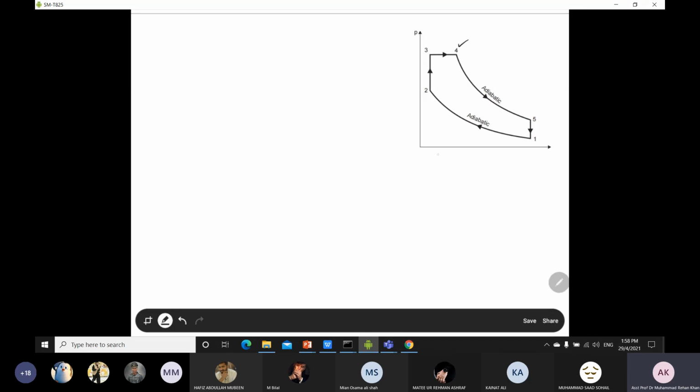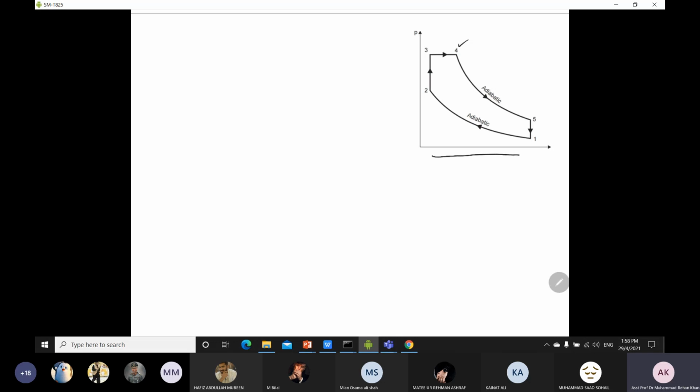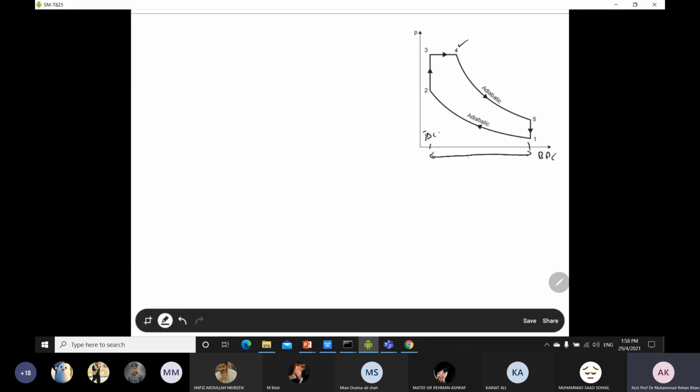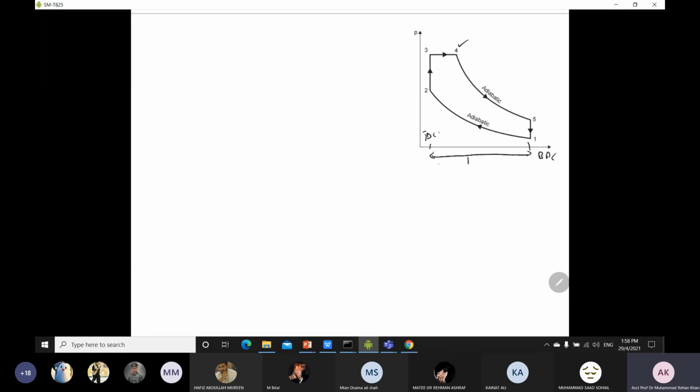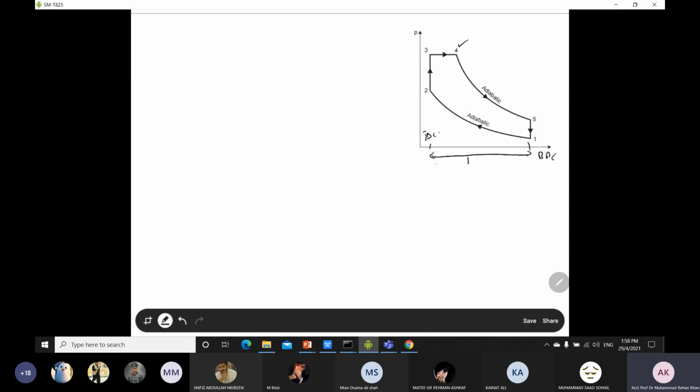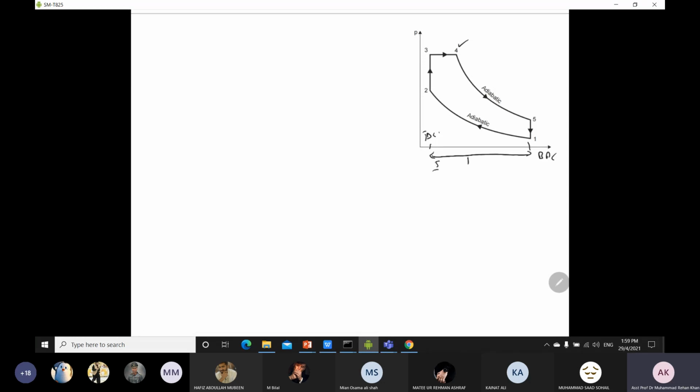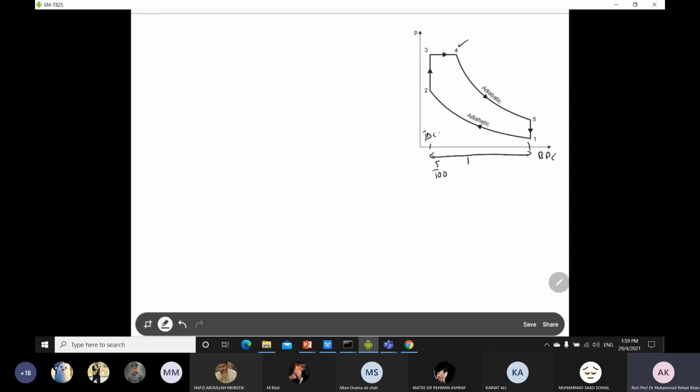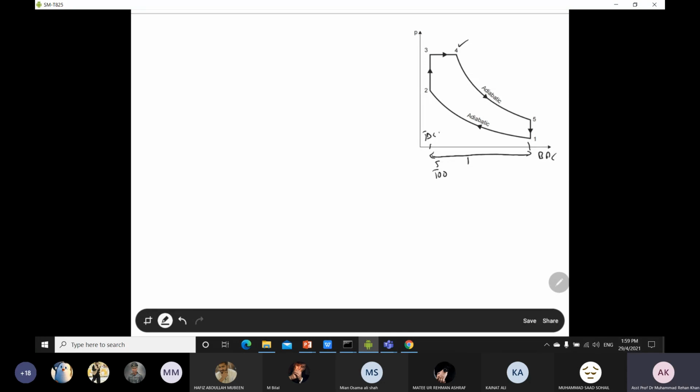If you already know that this is your stroke, the total length from BDC to TDC, and it says that your point number 4 is 5% of the stroke length, it means that it is 5 over 100 into whatever your stroke will be.